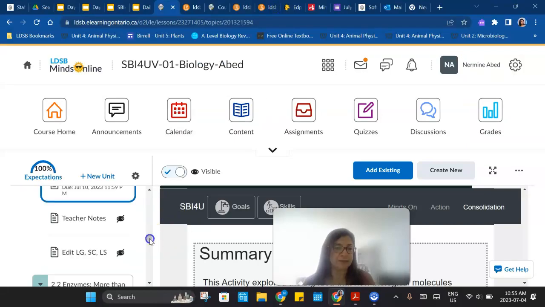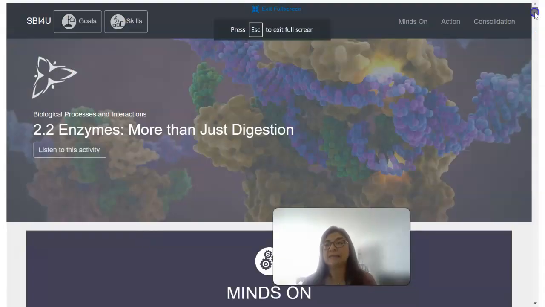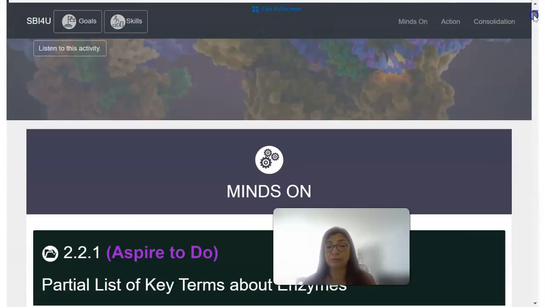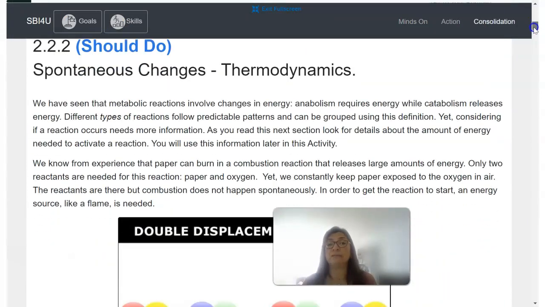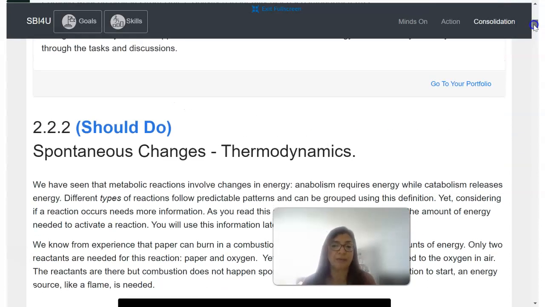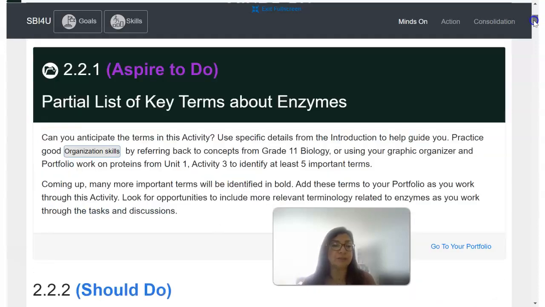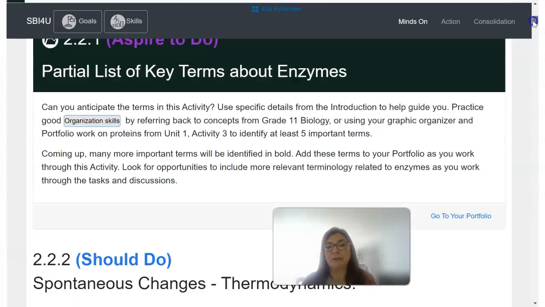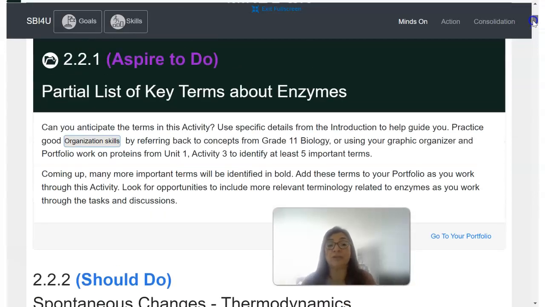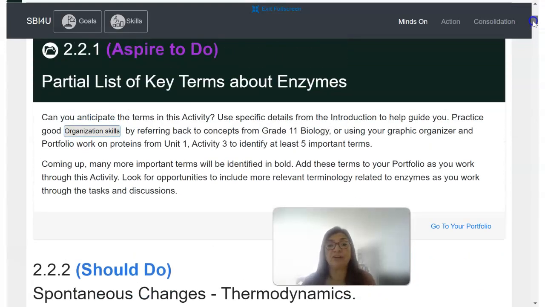Then with the next lesson, in this lesson we'll look at enzymes, structure, how do they function, and how to control their rate by inhibition or by other factors that affect it. So as for the structure, for the minds on, we have an aspire to do, just this time it's for a change, anticipate what are the terms that we are going to use regarding enzymes.